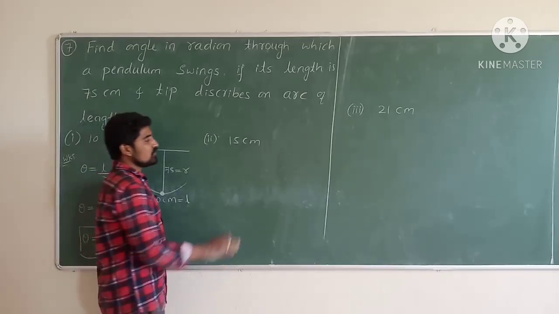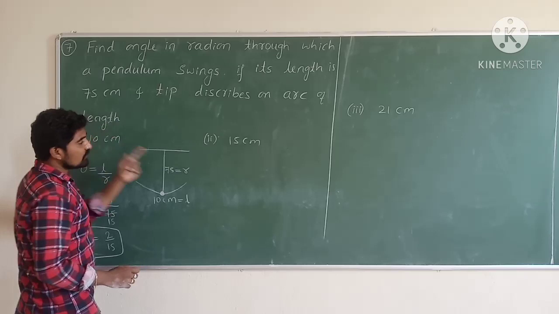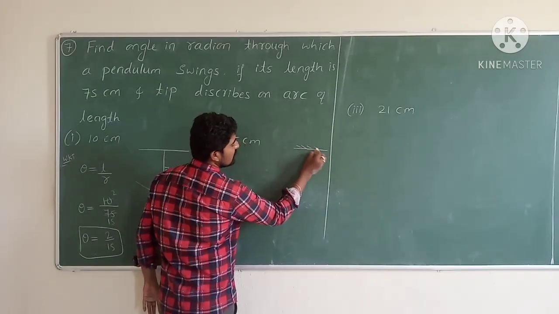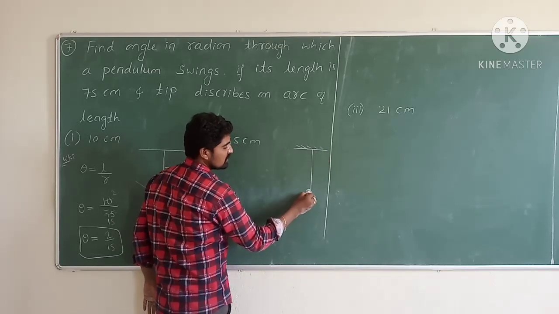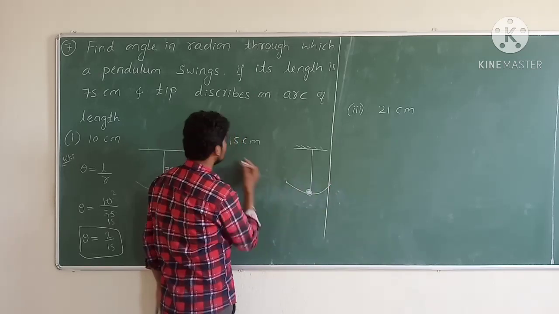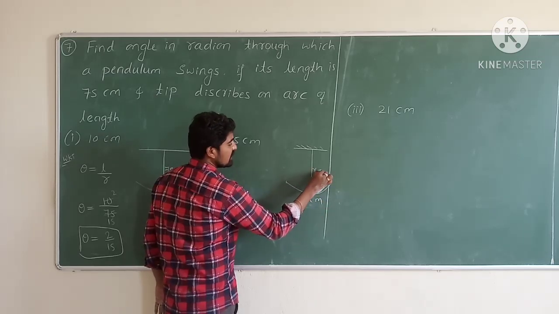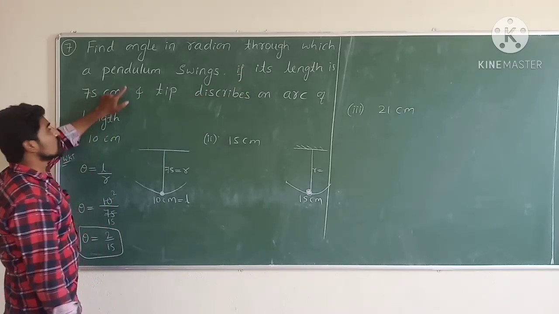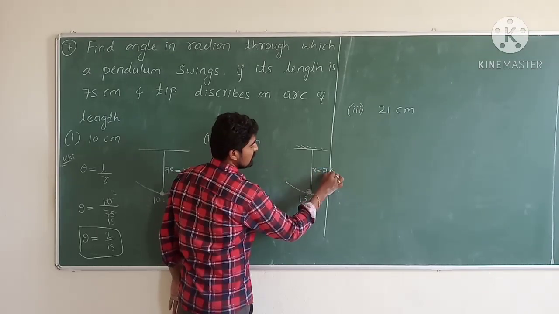Now for the second question, same, but the tip describes an arc of length 15 centimeter. Let this be a pendulum, and this is a small arc-like structure representing the arc, and the arc length is 15 centimeter, and the radius is the same for all because the length of the pendulum is 75 centimeter. So R is 75 centimeter.